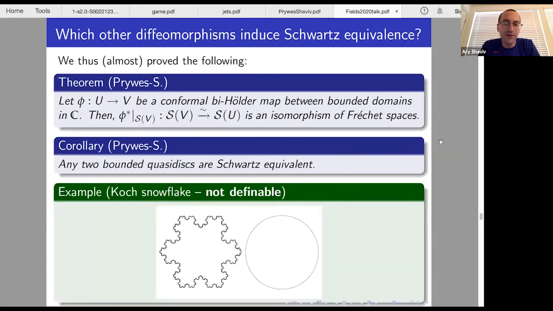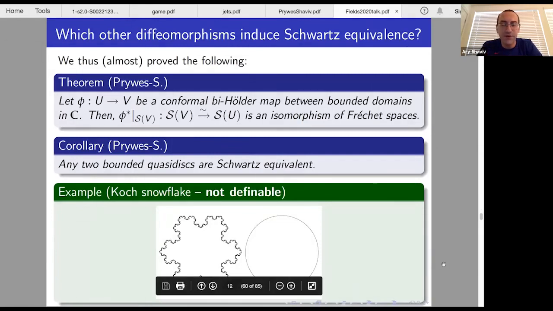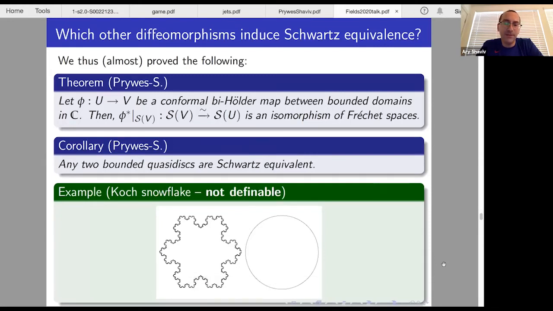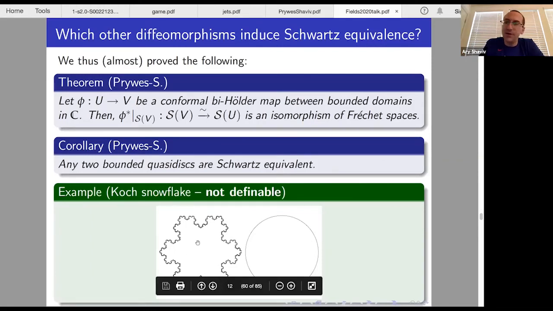So for instance, if we look at Koch snowflakes, we start with an equilateral triangle, and then we construct equilateral triangles on the middle thirds of every side, and we keep on doing it. In every step, we take 1/3, so the angle is fixed in this iteration. So this snowflake defines a bounded open domain in the complex plane, right? The interior of this thing. This snowflake is a Jordan curve, so you have the bounded component and the unbounded one.